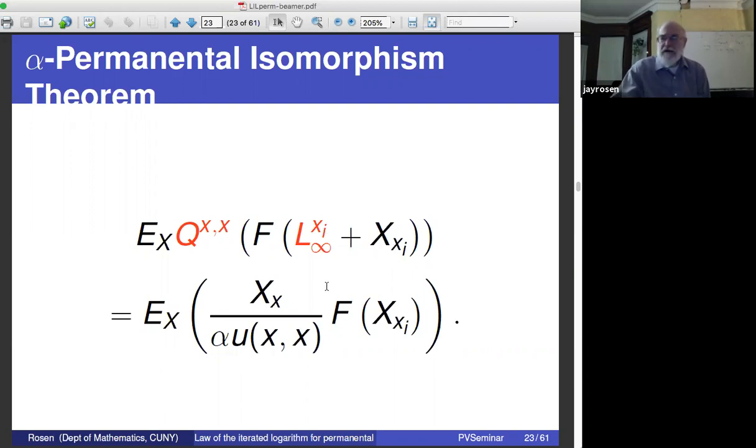Consequently, we could start playing the same games to try to find, first of all, necessary and sufficient conditions for the continuity of the local time. And what I'm going to talk about is in terms of laws of the iterated logarithm. So the first thing to point out is that it's easy, just like with the Gaussians, to show that if the permanental process is continuous, then the local times will be continuous also.